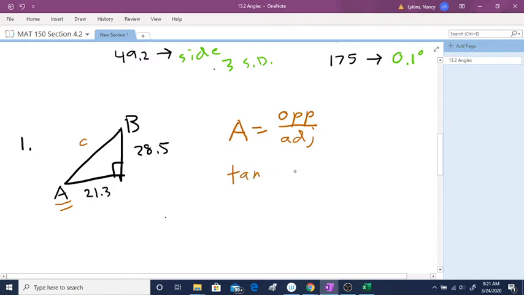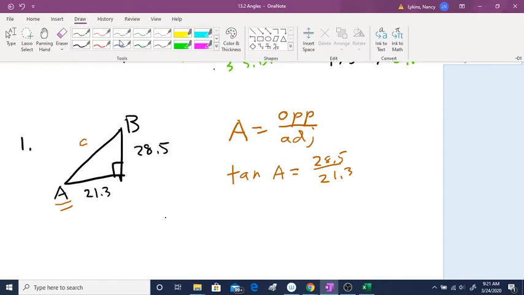So tangent of A equals 28.5 over 21.3. Now, these are like the trig ratios that we had up at my first example from this lesson.